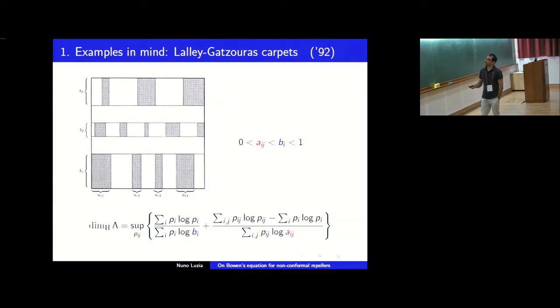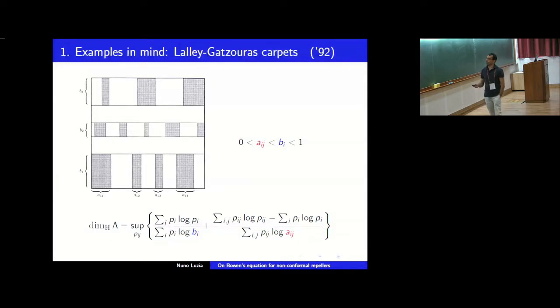So it corresponds to the dimension of the measure on the vertical space. When we project the measure onto the vertical space, it is the entropy of the projected measure, where p_i is the projected measure of the p_ij's, over the corresponding Lyapunov exponent. It's given by these contractions here, b_i's.